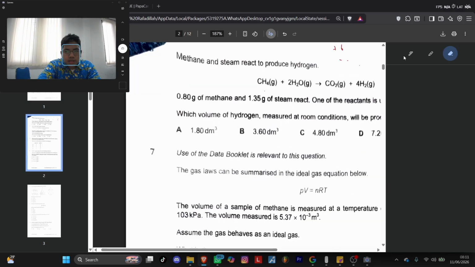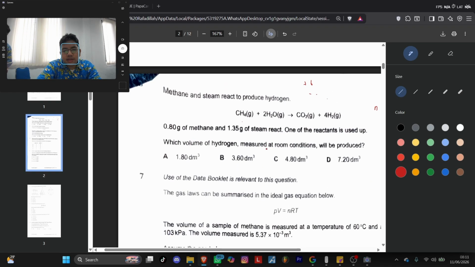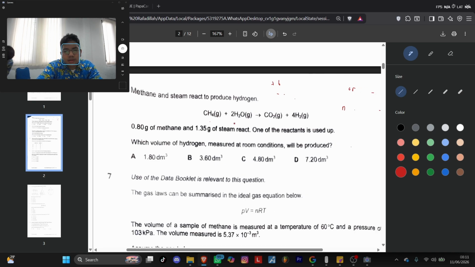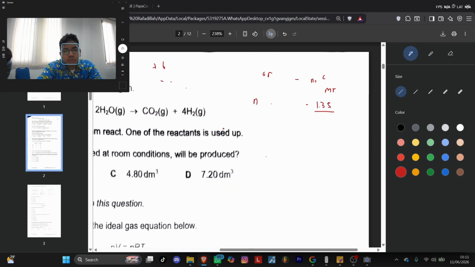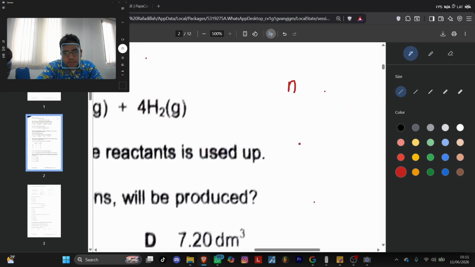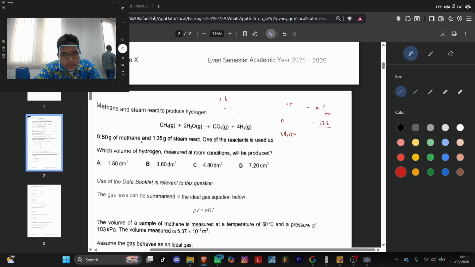So from this question, we just need to analyze that we need to find the volume of hydrogen measured at room conditions. So the first thing we know is we have grams of methane and steam. So we need to find the mole of steam and methane to help us out. So we need to find the mole of CH4 or methane from this question.